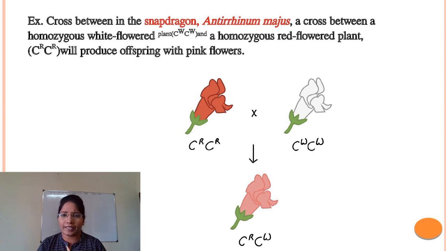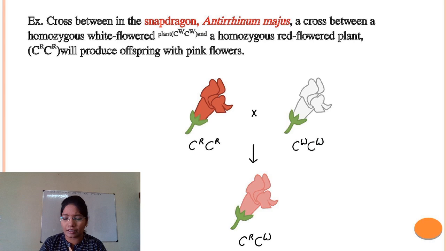This is similar to Mendelian inheritance, but the difference is in the phenotype. The color of the flower is not red and not white.